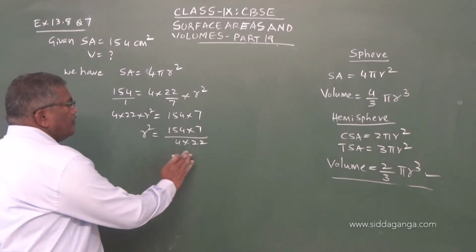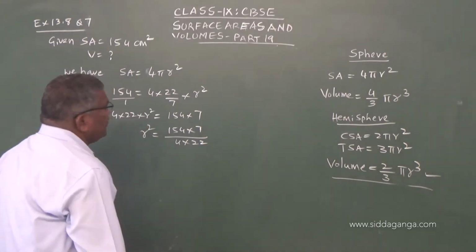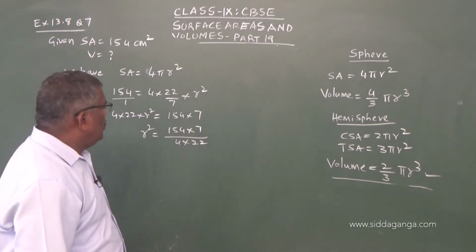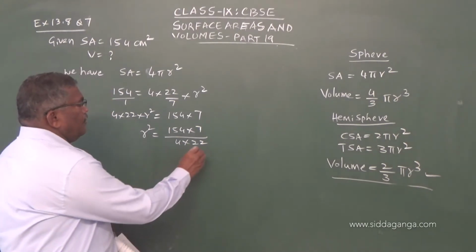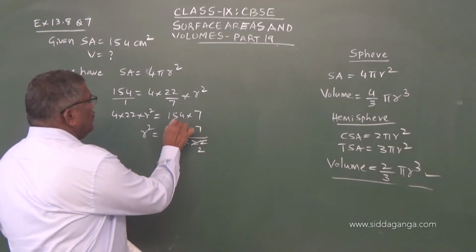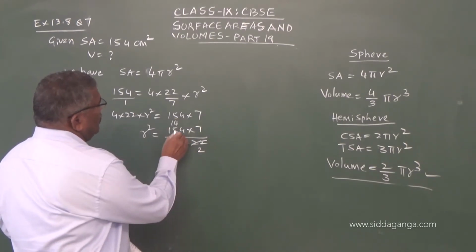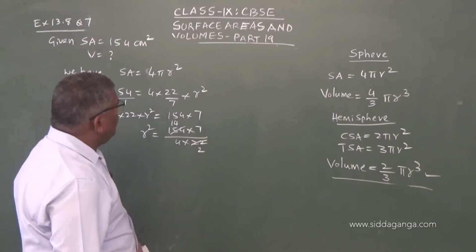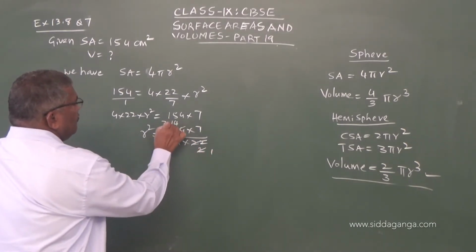Now simplify. 11 ones are 11, 11 fours are 44.